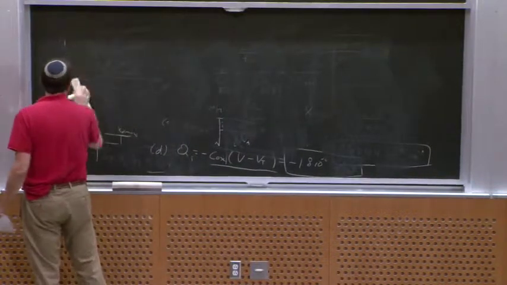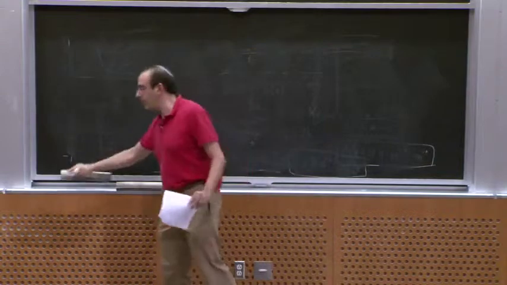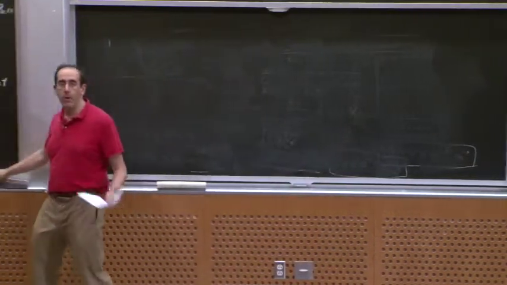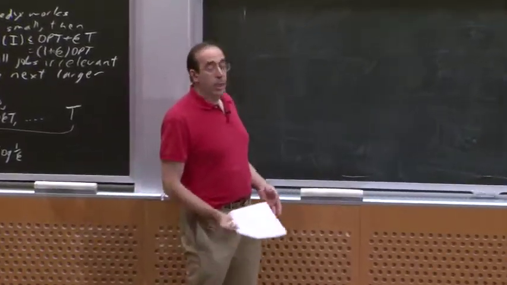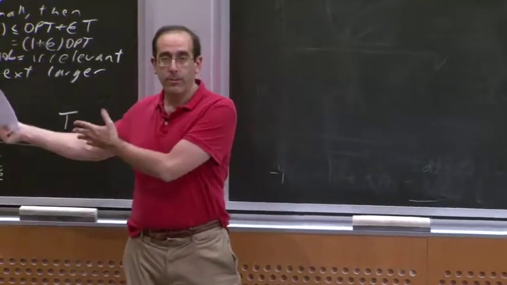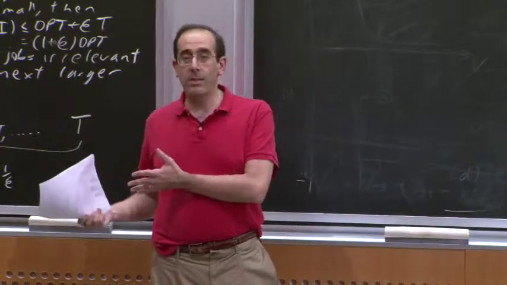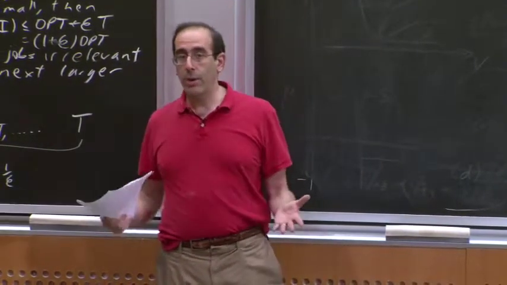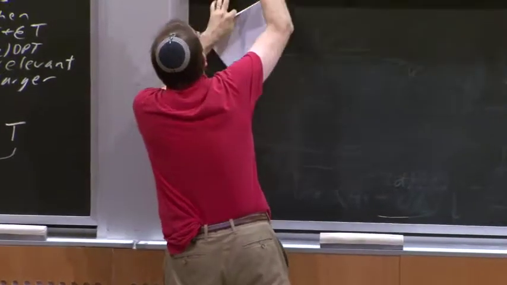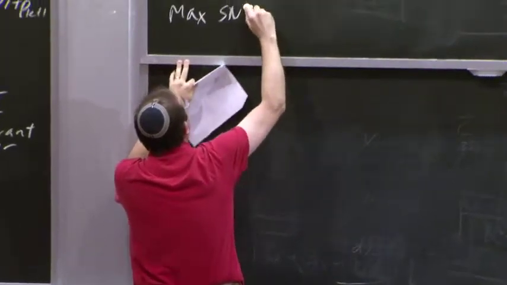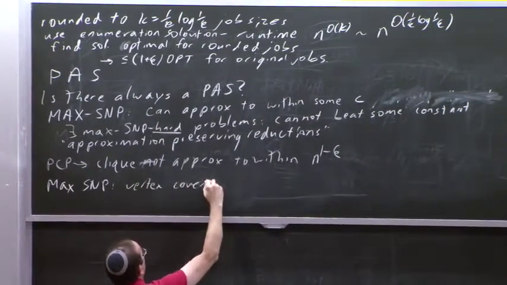All right, so now there's this whole classification of problems according to how difficult they are to approximate. So there are some problems which have polynomial approximation schemes or fully polynomial approximation schemes. There are other problems which can be approximated to within some constant factor, but not to an arbitrarily good constant factor. Max SNP includes problems like vertex cover, which we've talked about.